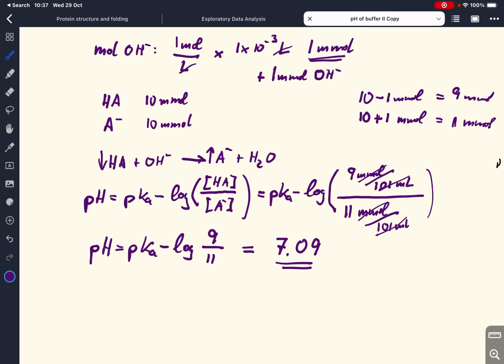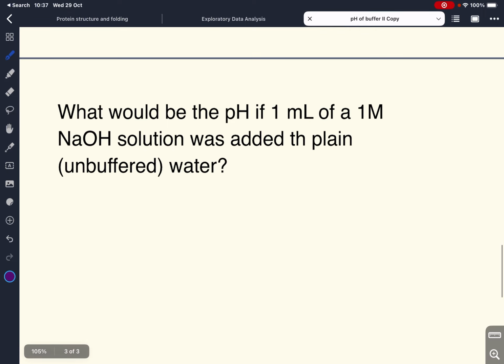Now let's compare that to what would happen if we just added the sodium hydroxide to an unbuffered solution of, let's say, pH 7. So what would be the pH if 1 milliliter of this 1 molar sodium hydroxide solution was added to plain, unbuffered water? And we can, of course, calculate that.